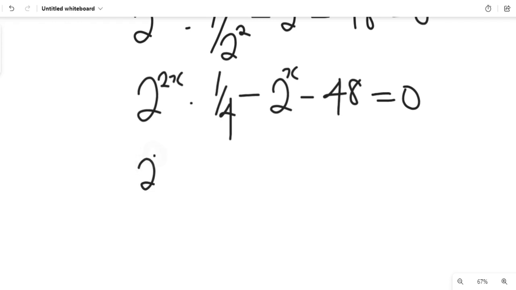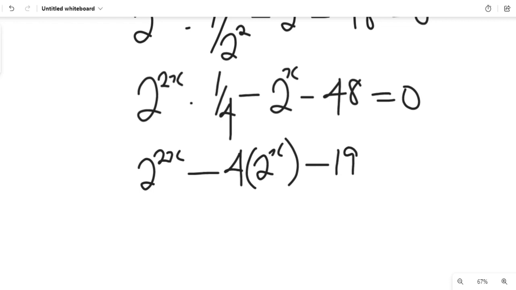If we multiply through by 4, we get 2 to the power of 2x, minus 4 multiplied by 2^x, minus 4 times 48, which gives us 192, equal to 0.